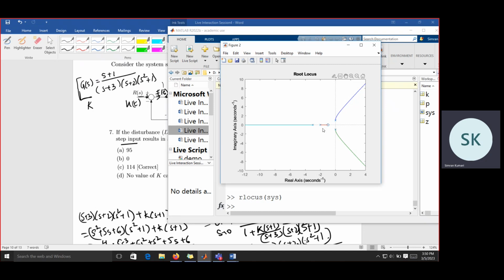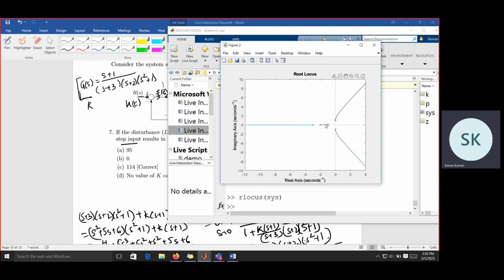For the real axis, since there is an odd number of poles and zeros to the right, this part of the real axis will be on the root locus, and this one will not, because there is one pole and one zero on the right side of it.